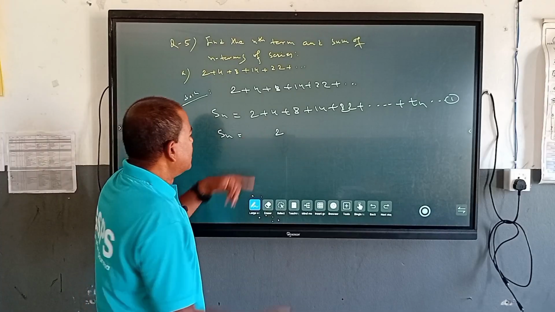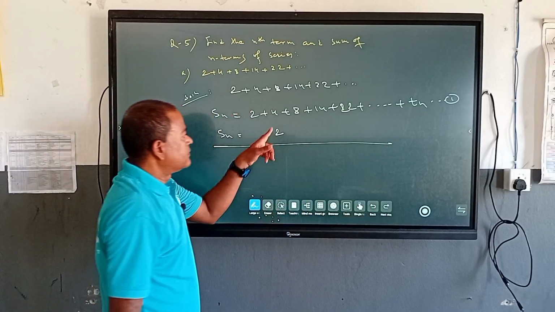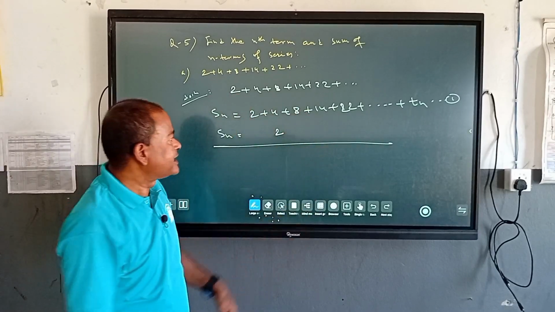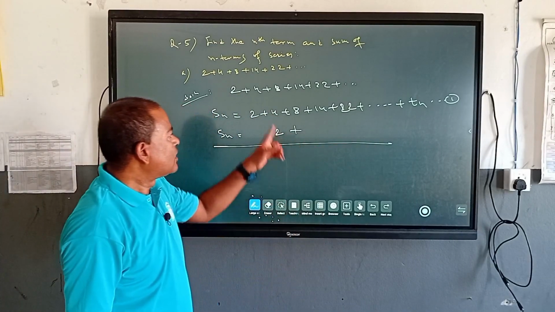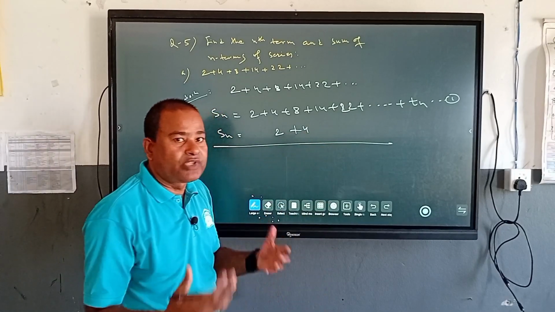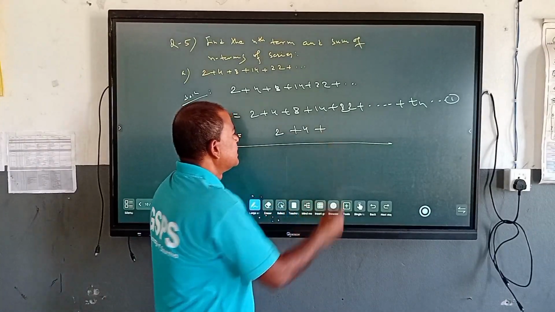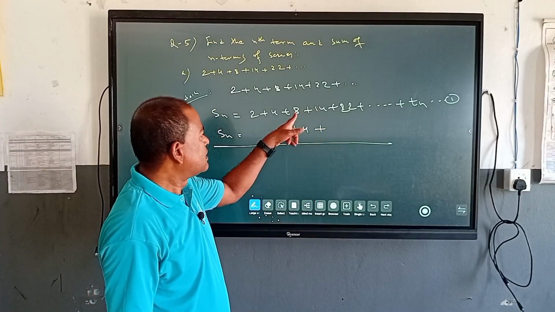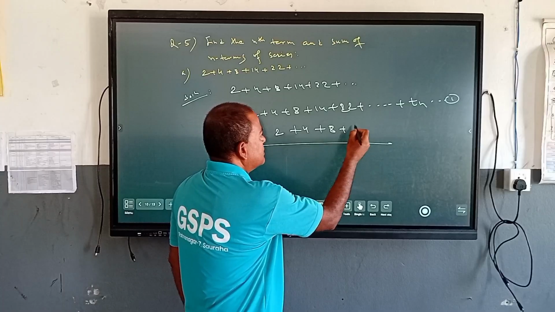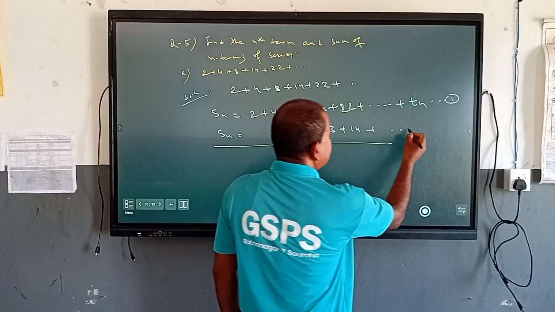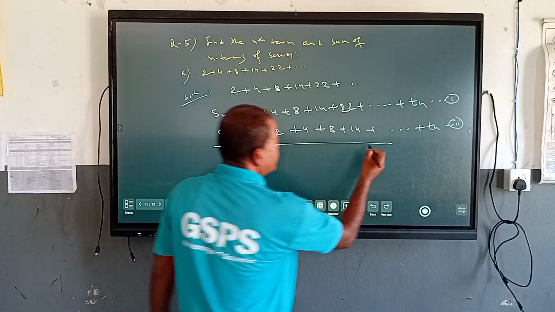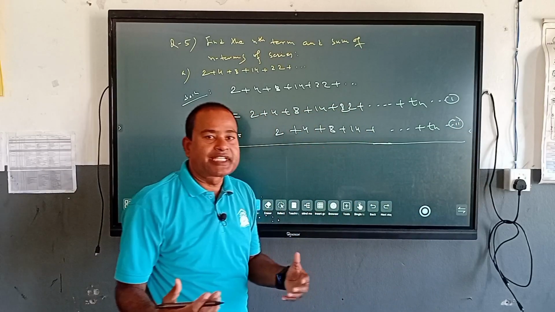So we write the first term just below the second term of the original series, then we write the second term just below the third term so that we can subtract. Now we write the third term, that means 8, just below the fourth term. In this way we get the second equation, or the second series.